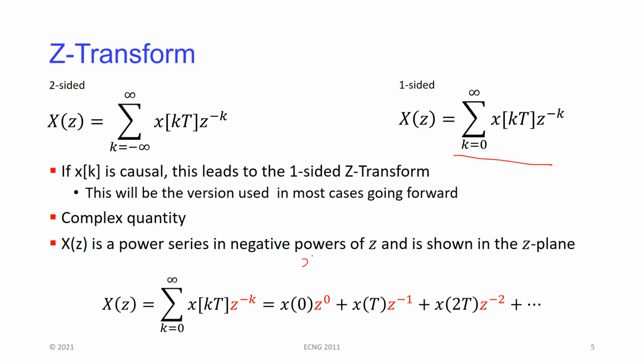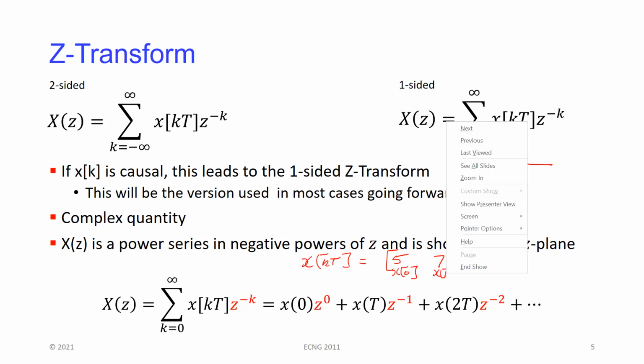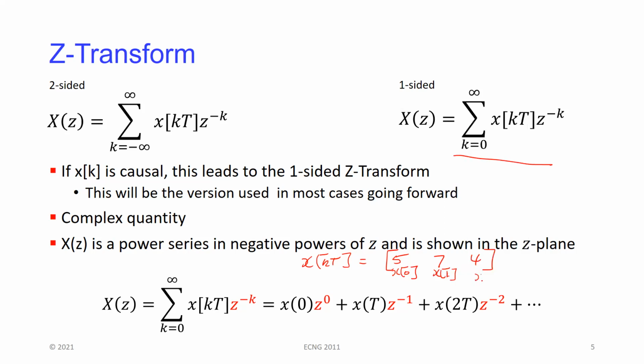So for instance, if x(k) was equal to 5, 7, and 4, right? This is x0, this is x1, x2.